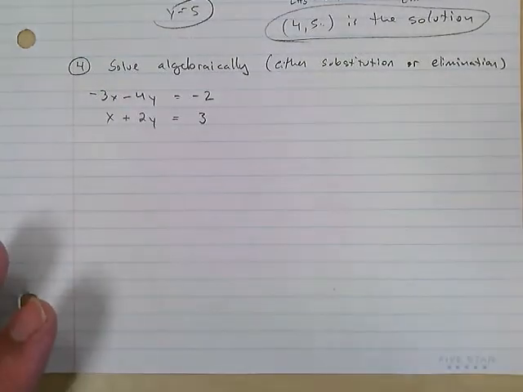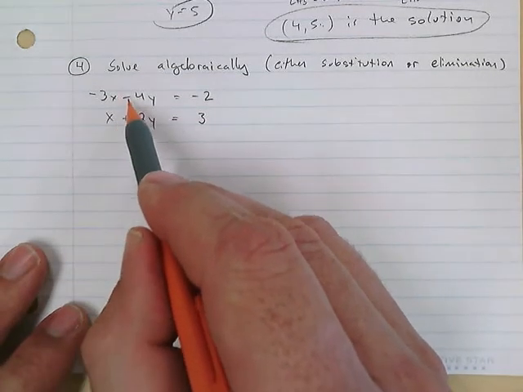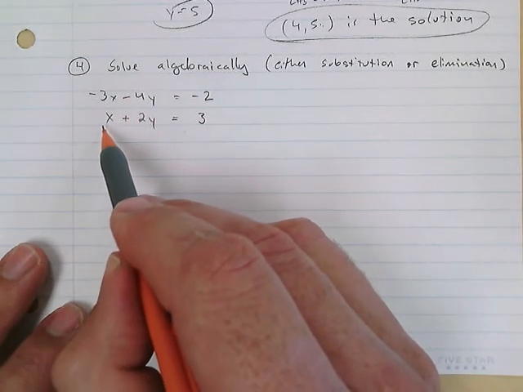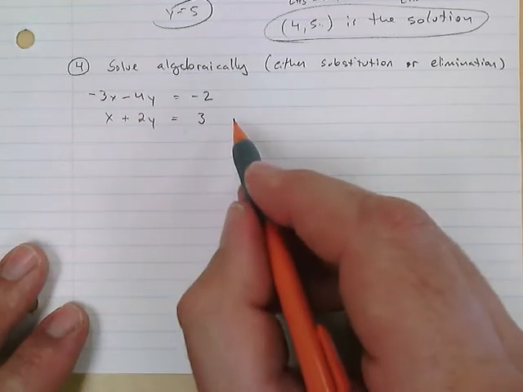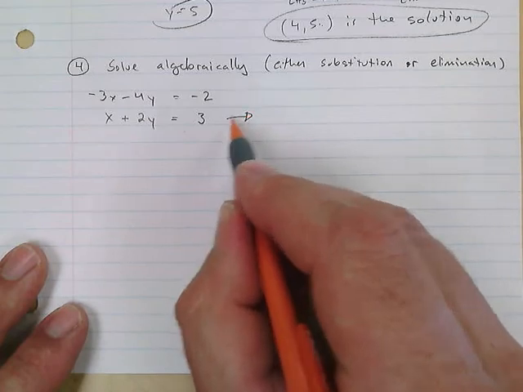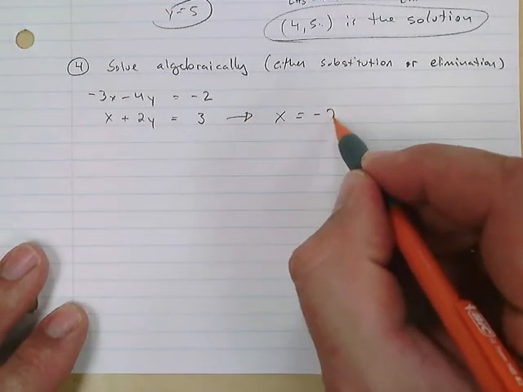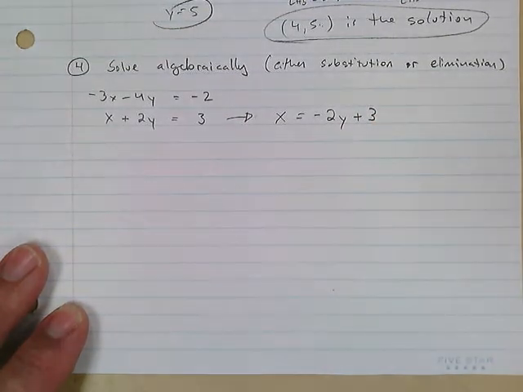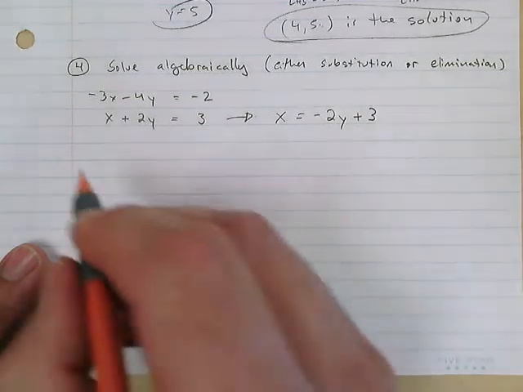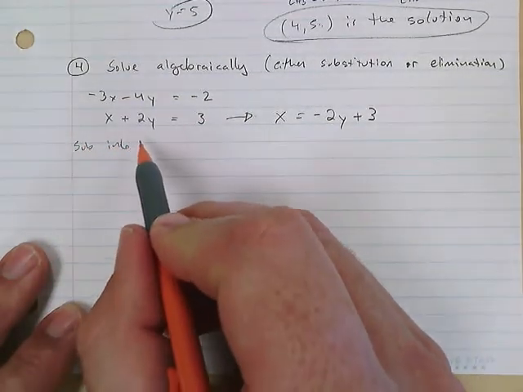I like substitution the most, especially if you look at these two. I see a coefficient of 1 here for x. So what I'm going to do is I'm just going to have one arrow going out and saying x is equal to negative 2y plus 3. Okay, so you isolated there. Sub into the first one.